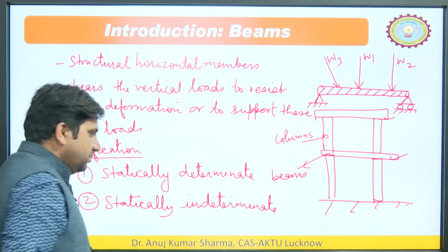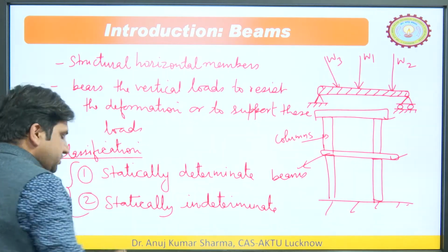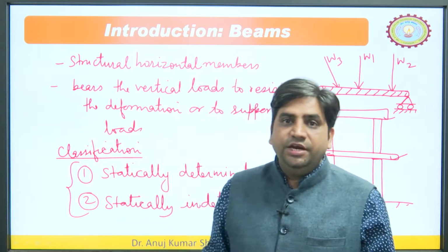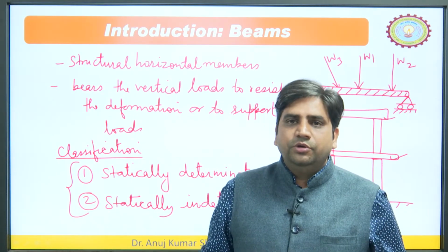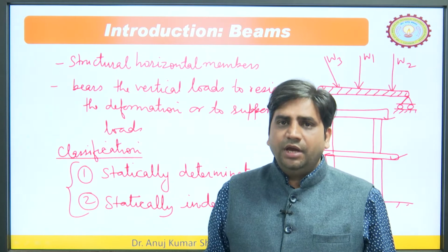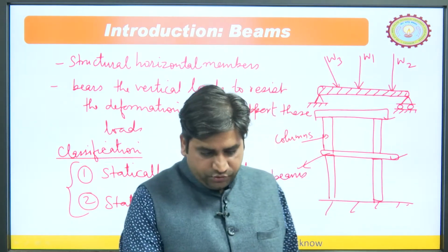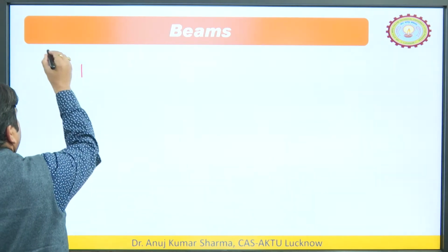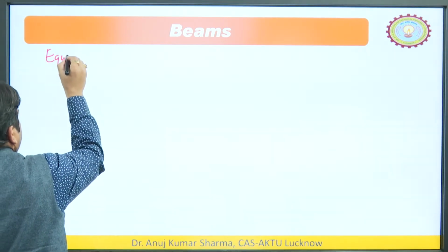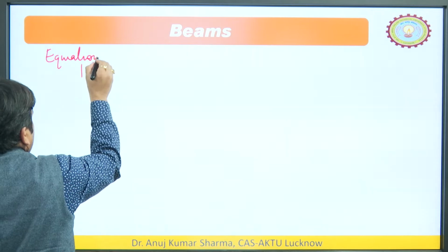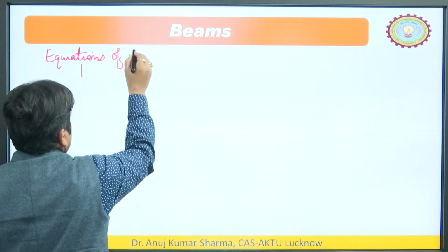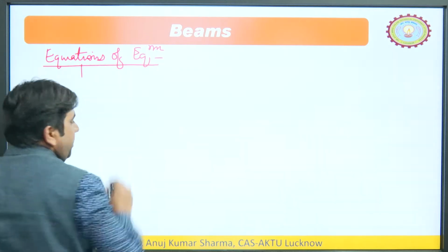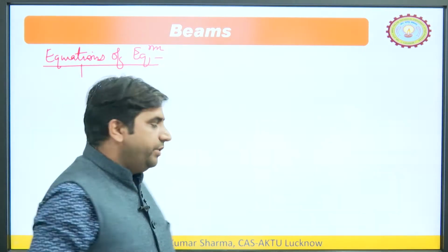Before understanding what a statically determinate beam is and what a statically indeterminate beam is, we should know the equations of equilibrium that we have already studied in 12th class physics. So, first we will understand what the equations of equilibrium are, because only then can we understand statically determinate and statically indeterminate beams.